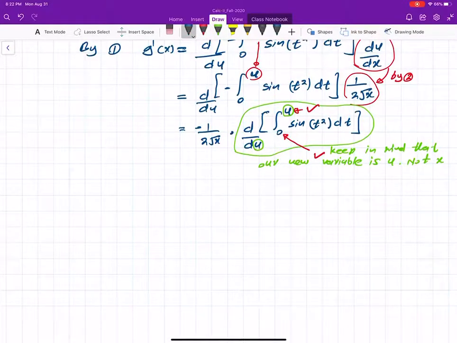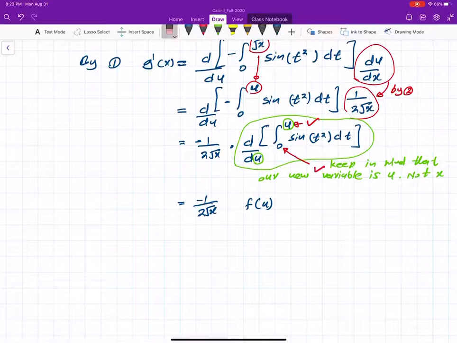Then this equals minus 1 over 2 times the square root of x, and for the green part I write f of u. Now I have to show you what f is. F is the function inside. You know that already.